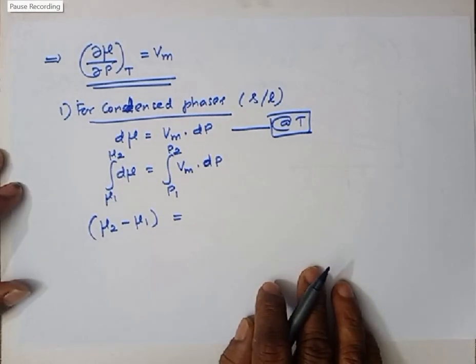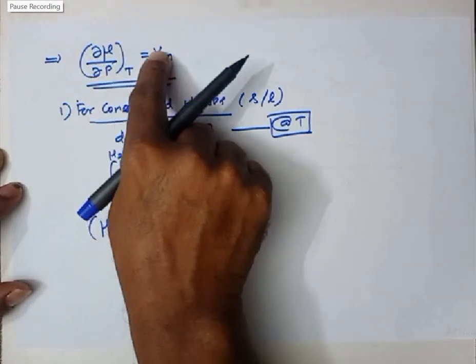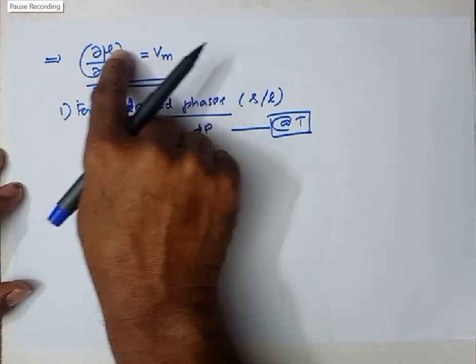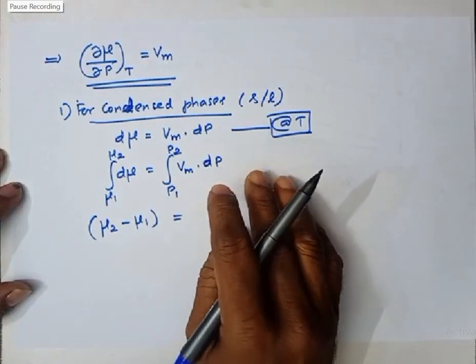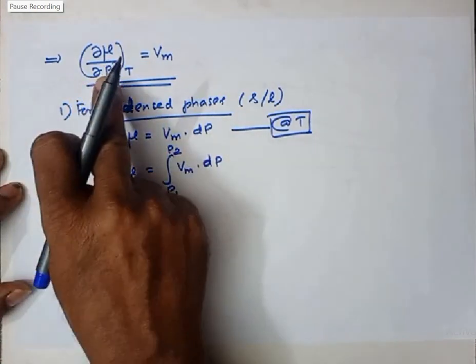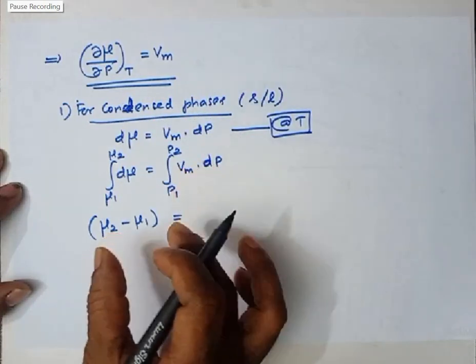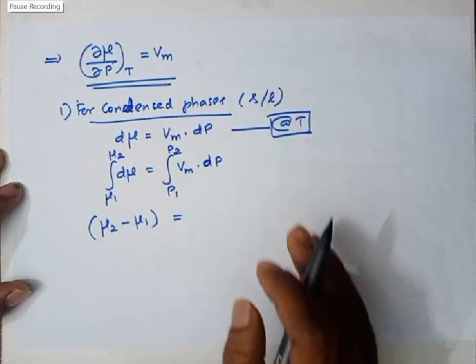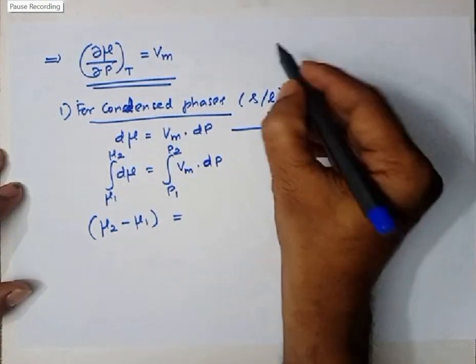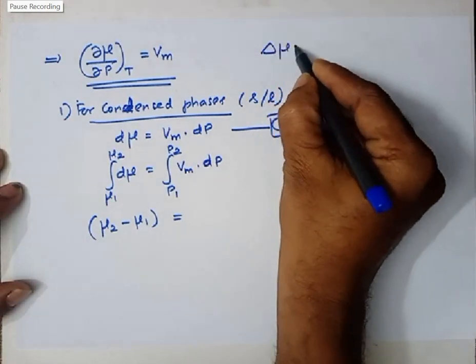I repeat. This is the equation, one important equation which we discussed earlier. Now I am going to utilize this equation to calculate the change in chemical potential for different cases. Our goal is to find the change in chemical potential.